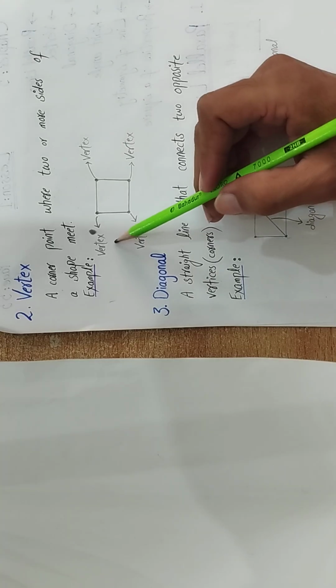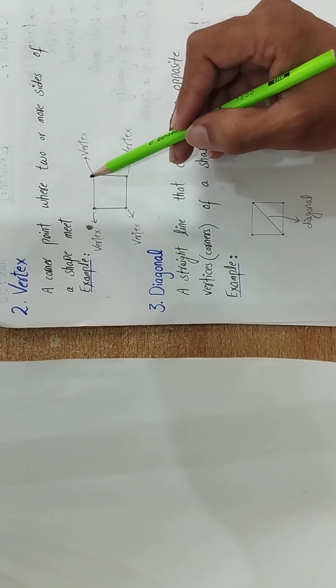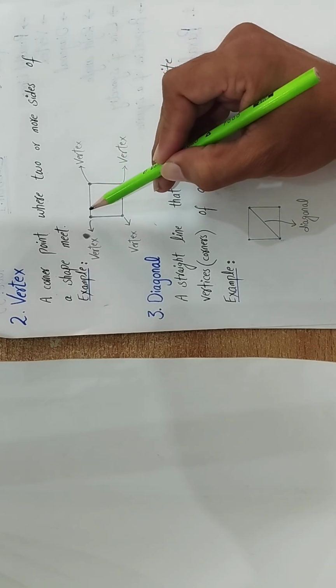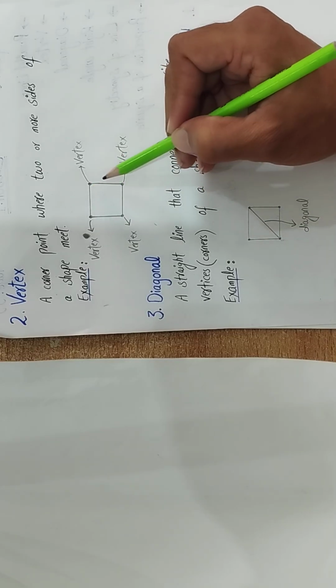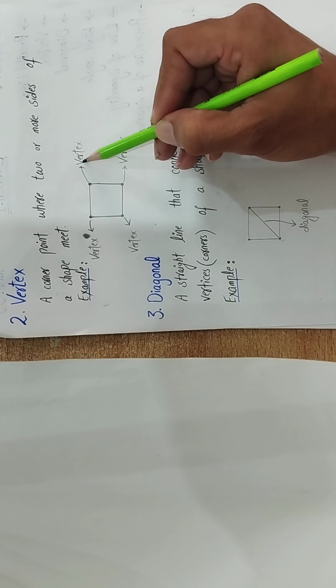We can easily understand it through this diagram. Here I have a square shape. This one is a side of the square and this one is also a side of the square, and these two sides are meeting at this point. This point is called vertex.